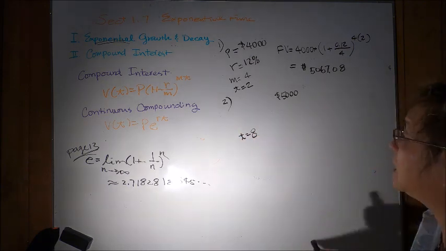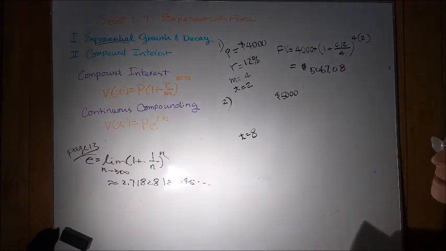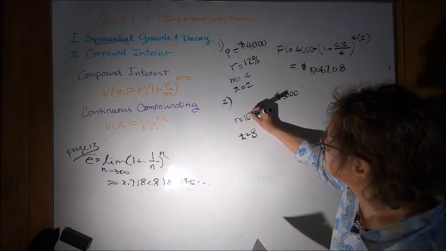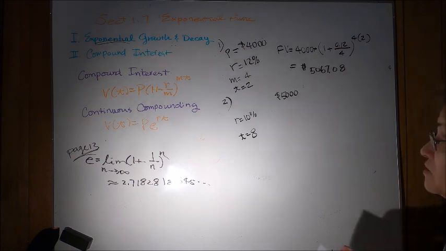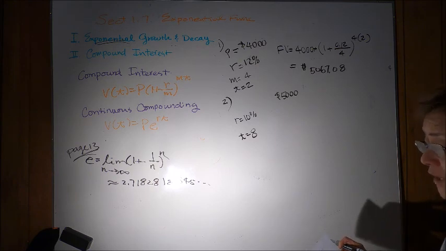So I ask, if the CD pays me 10% per year, my annual rate is 10%. And how much money do I need? It says find the present value.